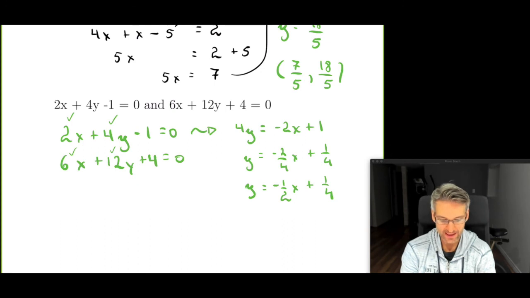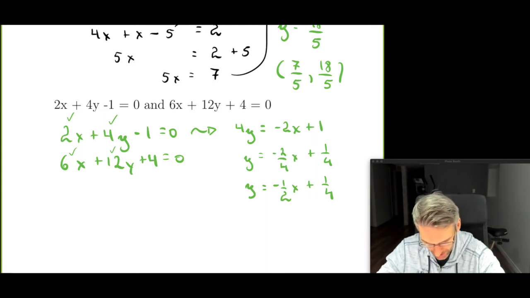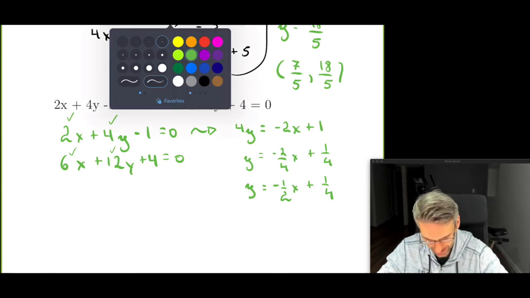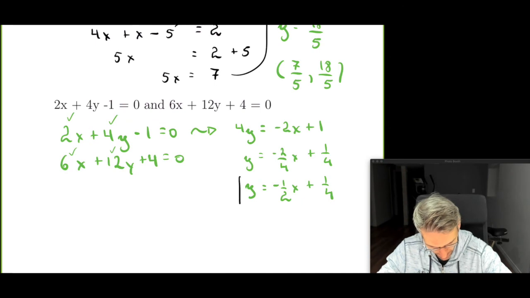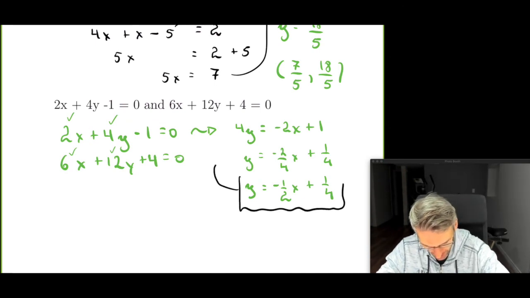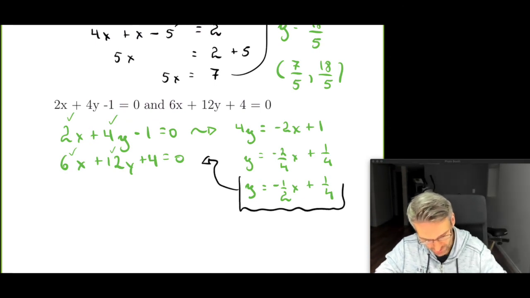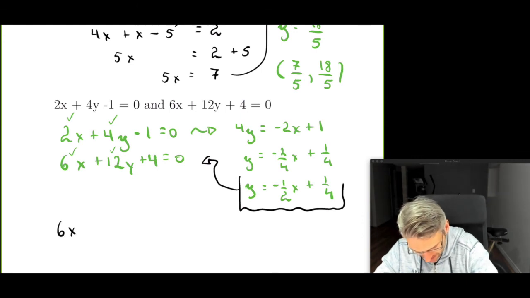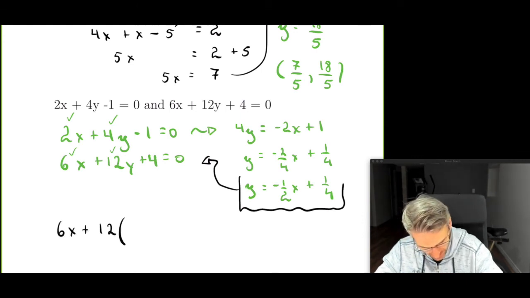And as I said, you can take that and substitute it back into the equation and see what happens. That's one way of trying to see it. I do see that these are probably parallel lines, so they may not intersect at all. So let me substitute it back in here. This is going to be 6x plus 12 times negative 1/2 x plus 1/4, plus 4 is equal to 0.